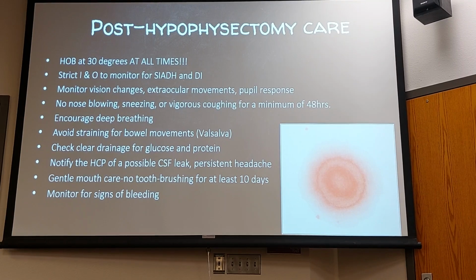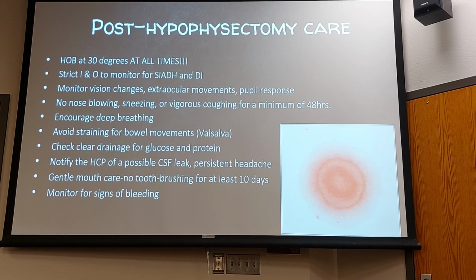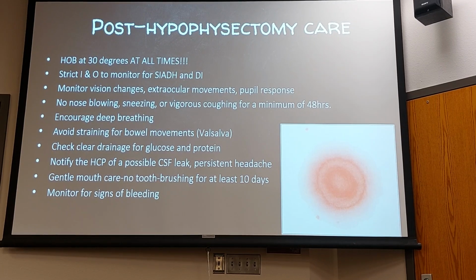You'll see the blood in the middle and then that yellowish ring on the outside. Glucose and protein from the CSF would be present, so the dressing can be tested for that.